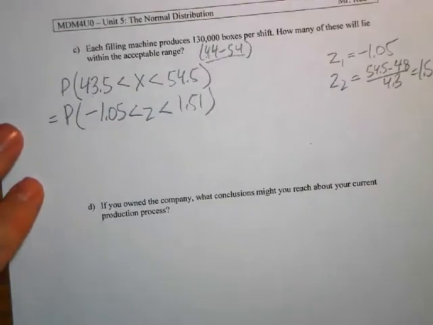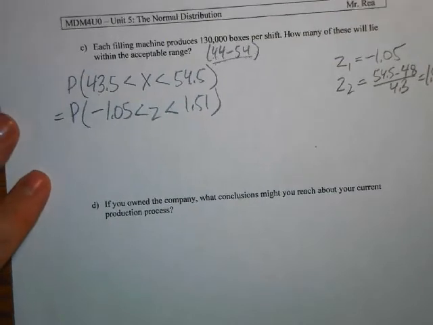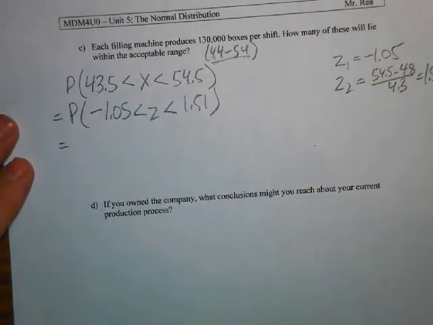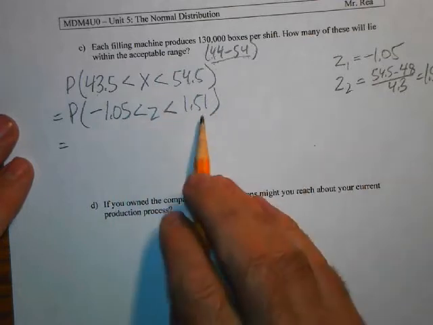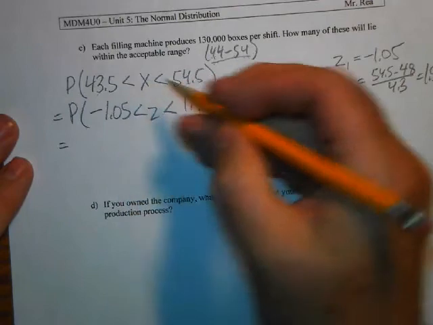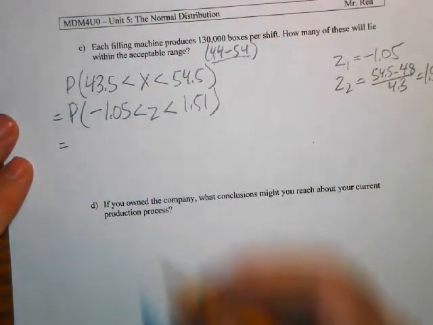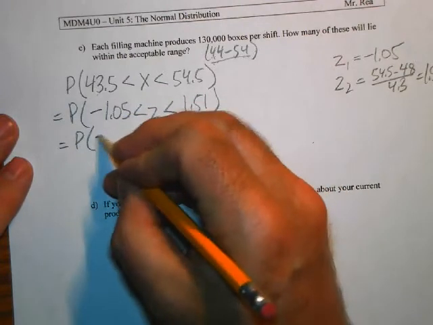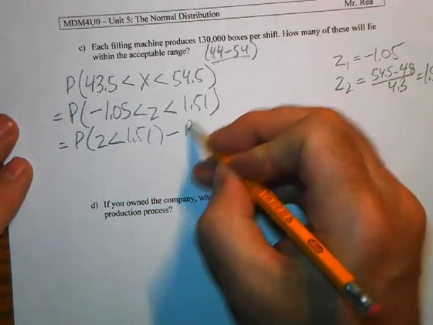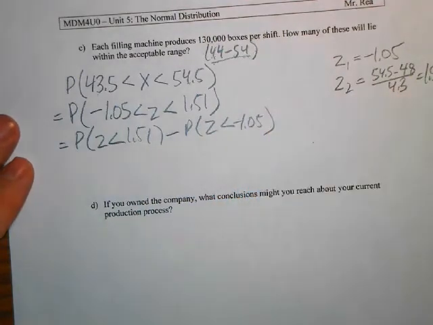Okay, so now again, since this is like a double-ended range of values, we have to convert that into the subtraction of two probabilities. So it's always a probability of the higher one minus the probability of the lower one. So probability z is less than 1.51 minus the probability that z is less than negative 1.05.